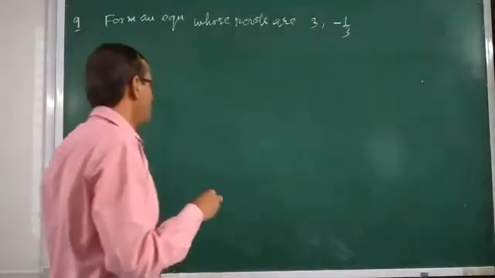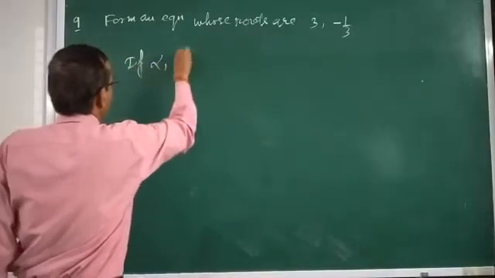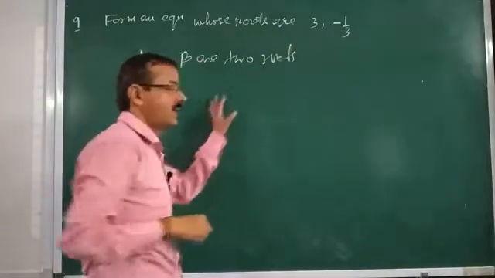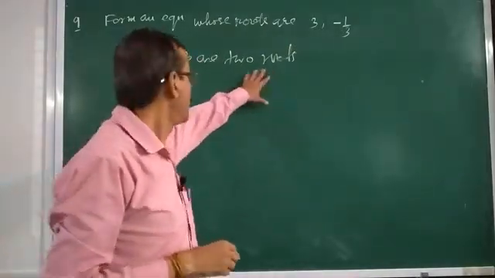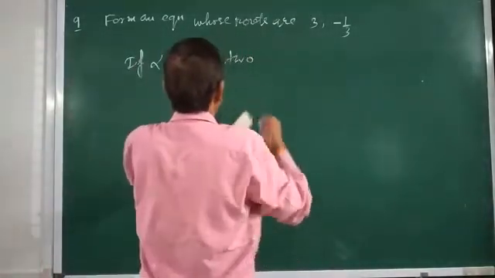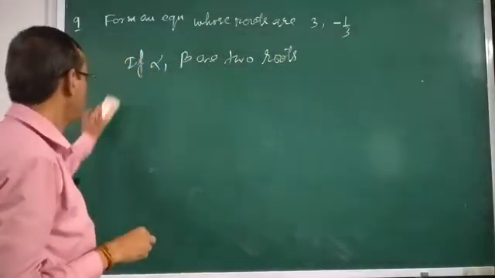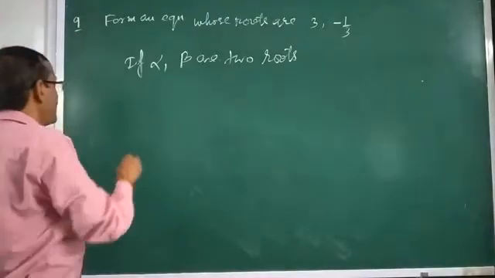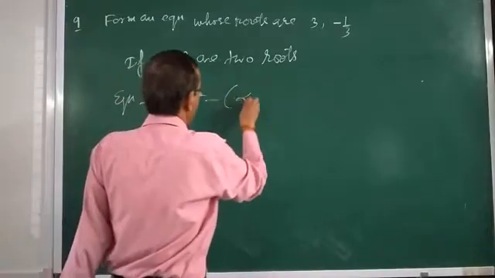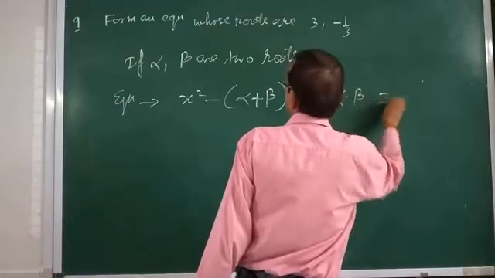How can you make the equation if two roots are given? For this you have to write this way: if alpha, beta are two roots given, in that case, to make the equation will be x square minus alpha plus beta into x plus alpha into beta, that is equal to 0.